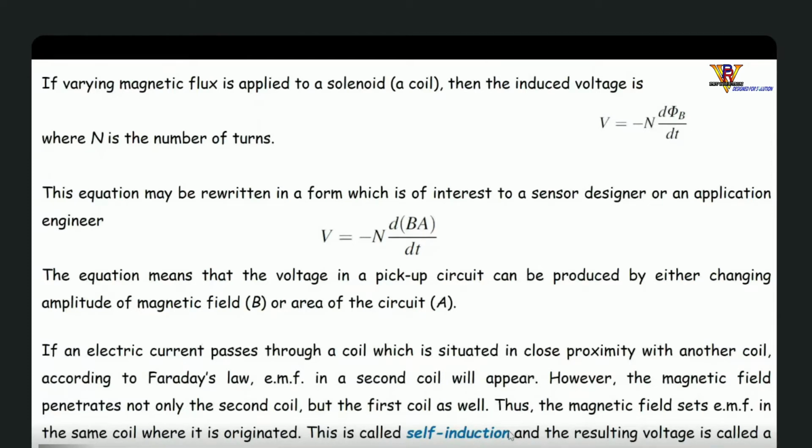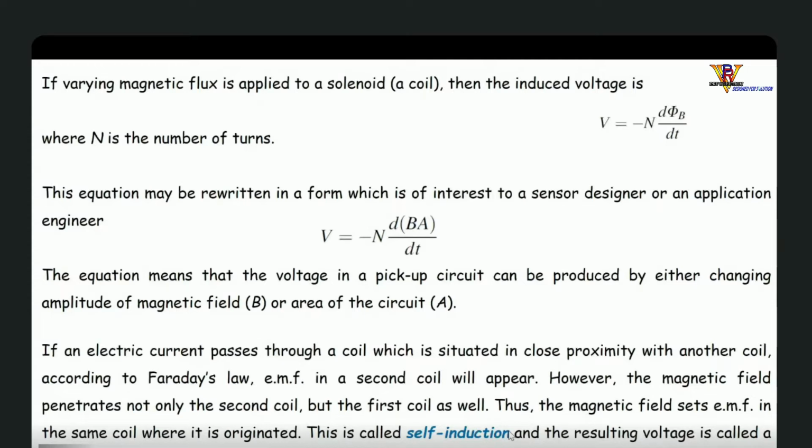This equation can also be written as minus N times d(BA) by dt, because the flux can also be written as the product of B and A, where B is the magnetic field and A is the area of that circuit.